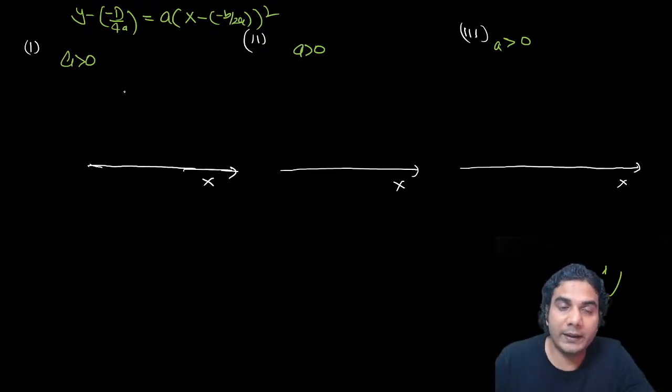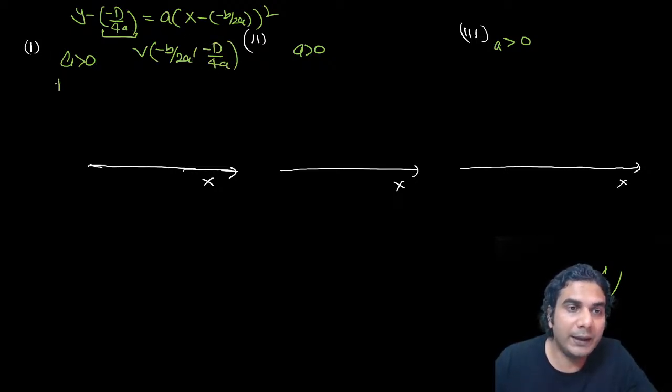Now, whether vertex will be above x-axis or below x-axis, that will depend on the value of minus d by 4a, which is the y coordinate of vertex. What are the coordinates of vertex? Minus b by 2a, comma, minus d by 4a, okay? These are the coordinates of vertex.